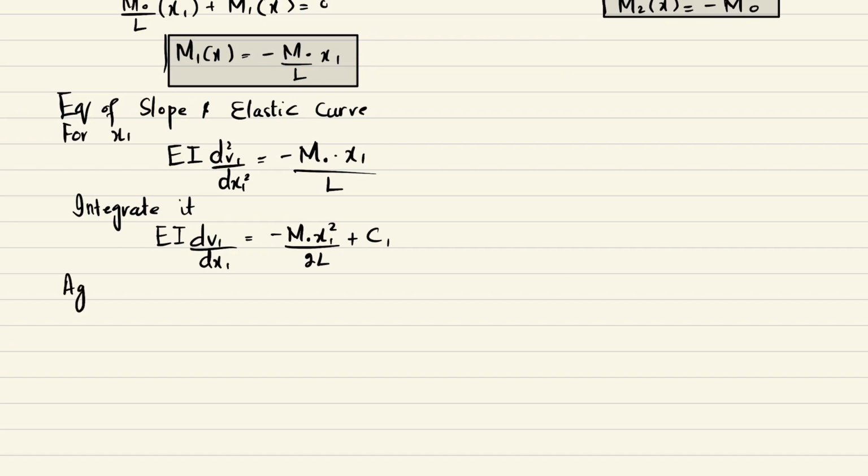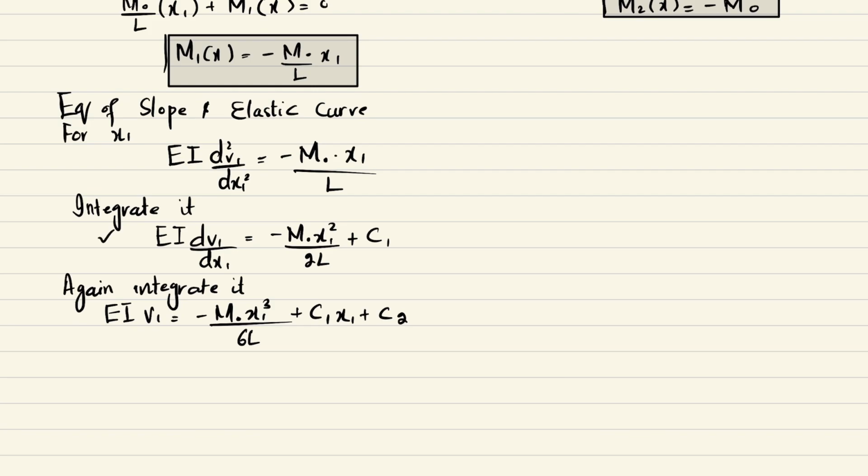Again integrate it to get the equation of deflection. We will get EI V1 is equal to minus M naught x1³ over 6L plus C1 x1 plus C2.